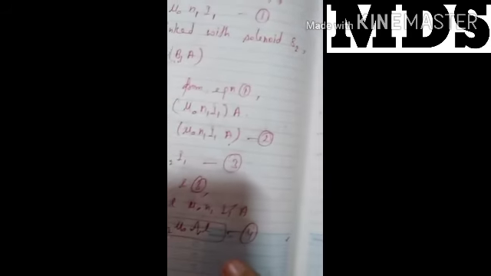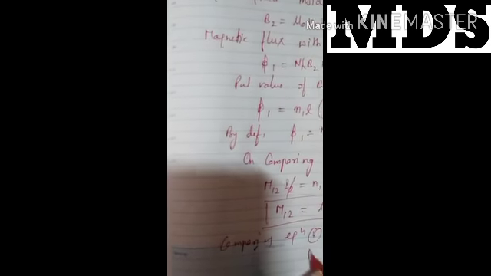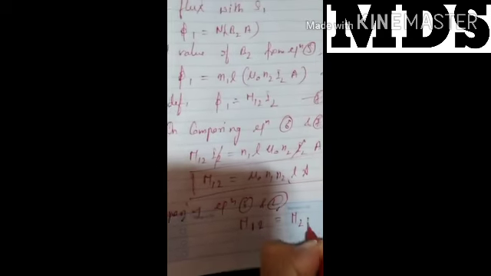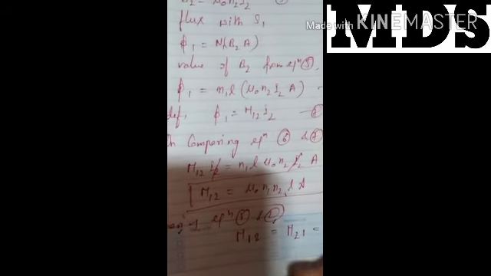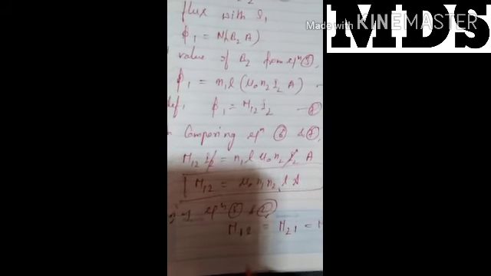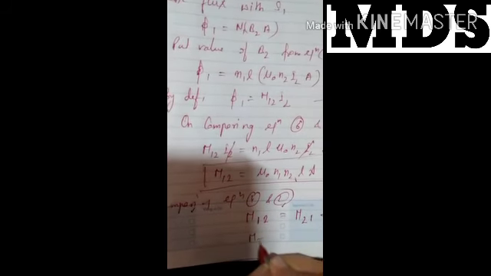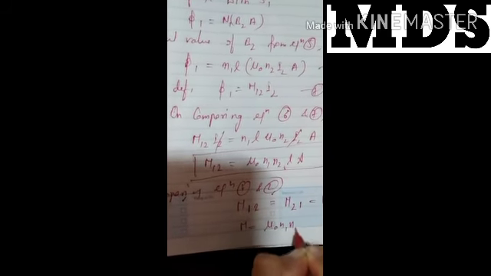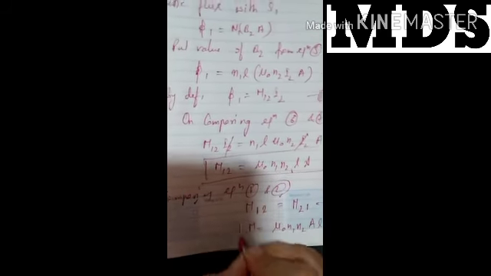Then comparing the 4th and 8th equations, we can write that the mutual induction of 1 due to 2 equals the mutual induction of 2 due to 1, that is equal to M. So M equals mu naught N1 N2 area into length.